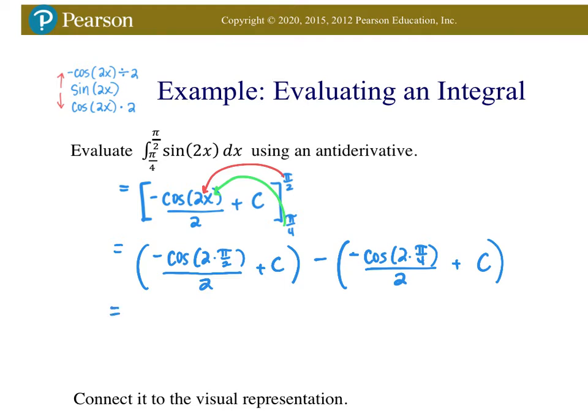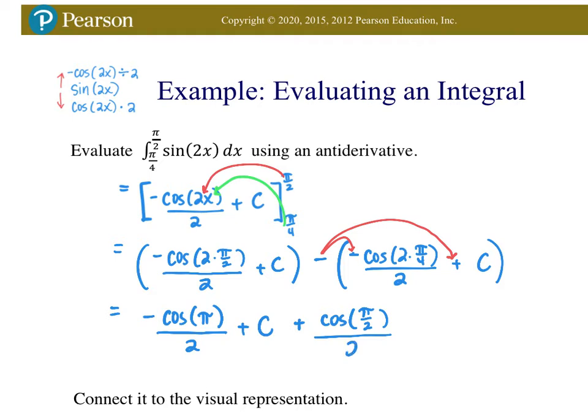All right, so let's simplify. That's negative cosine on the outside of pi on the inside over 2 plus c. And then this negative sign will get distributed. So I'll have plus cosine of pi halves over 2 minus c.